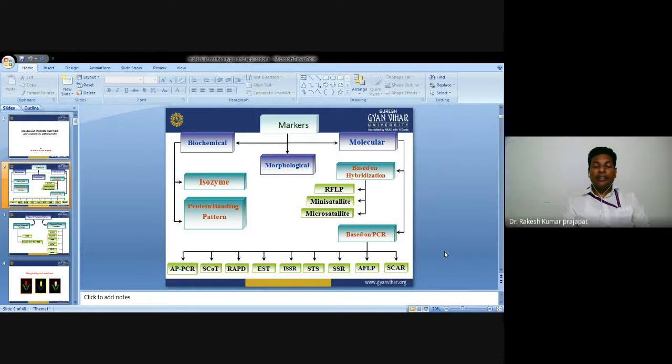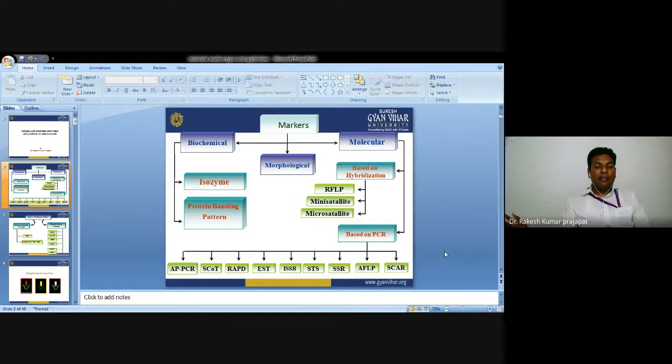So by using this PCR, a whole series of molecular markers has been developed, like SCAR, AFLP, SSR, STS, ISR, EST, RAPD, SCOT, and AP-PCR.